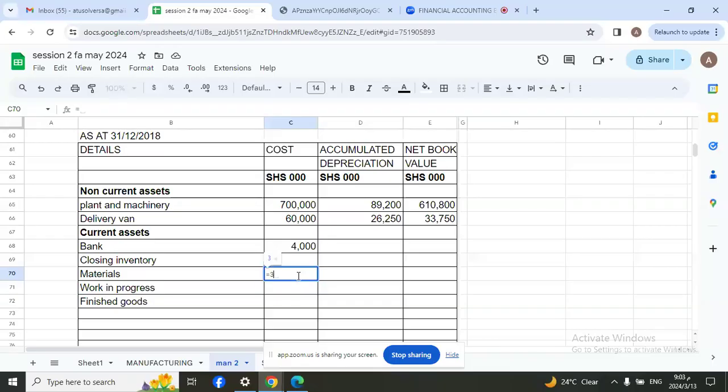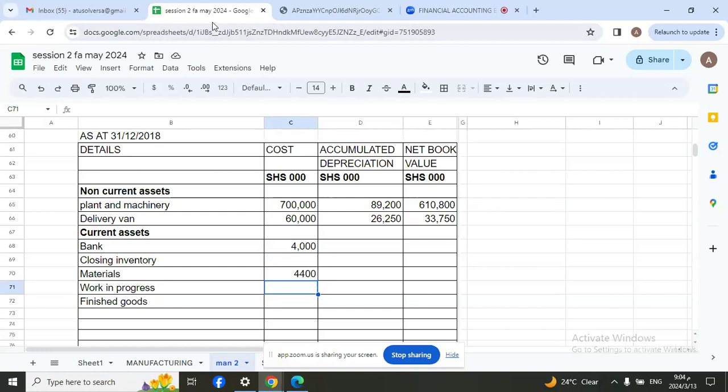We have 30 minus 25,600. I'm getting 4,400.